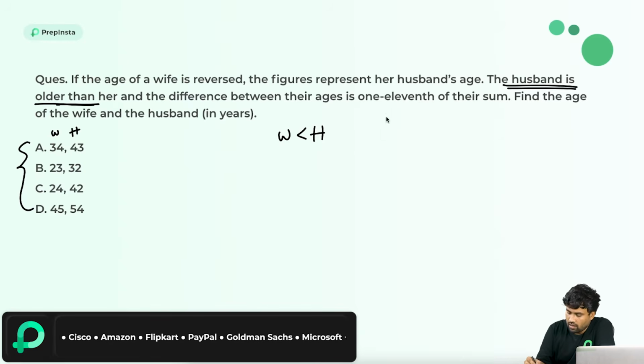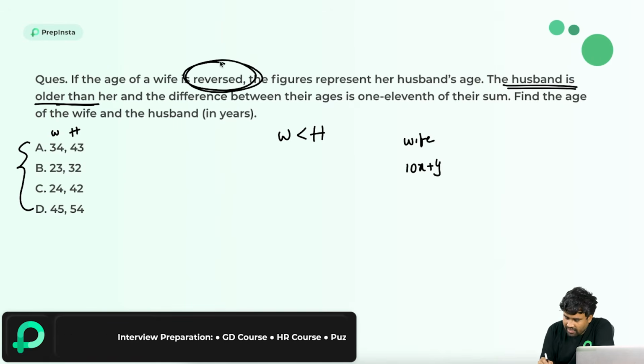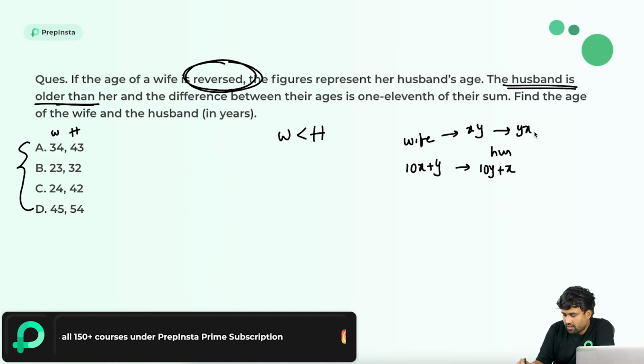Just look here. I am assuming that the wife's age is 10x plus y. Why? Because you need to reverse the digits, right? So the wife's age I have assumed as xy, which is nothing but 10x plus y, a 2-digit number. Next, the husband's age will be 10y plus x, right? Why? Because it is reversed.